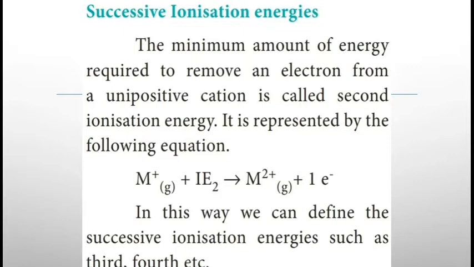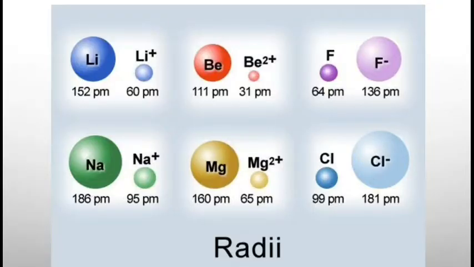This is because the first electron removed forms a cation. If you again remove 1 electron from this cation, you have to supply more energy than the previous one. This is because, look at the size of the atomic and ionic states of lithium.